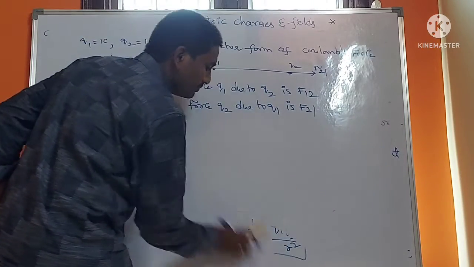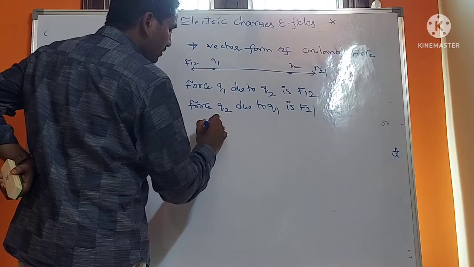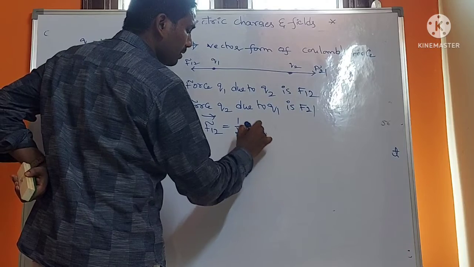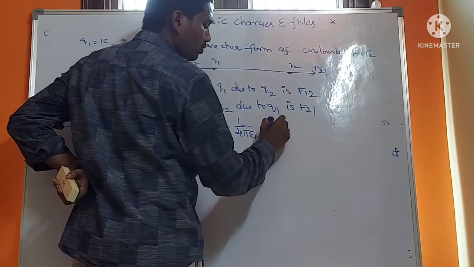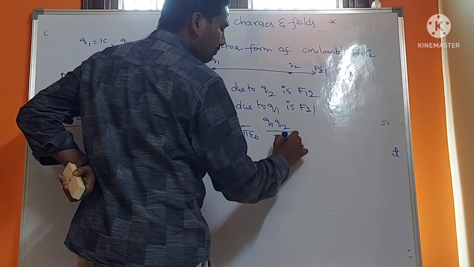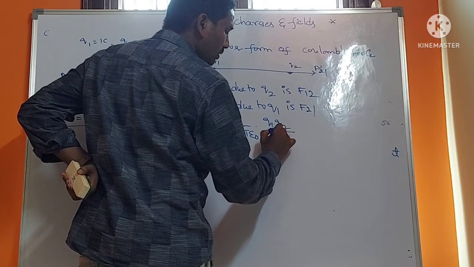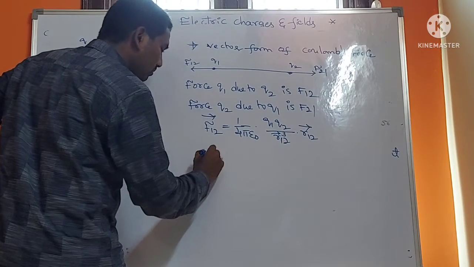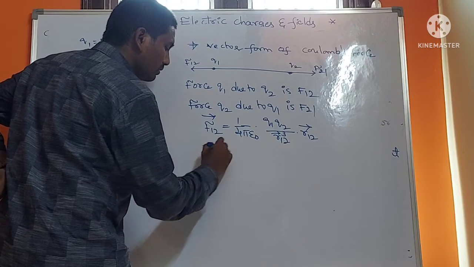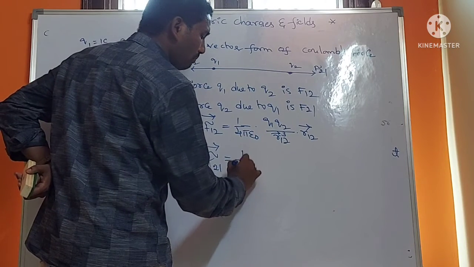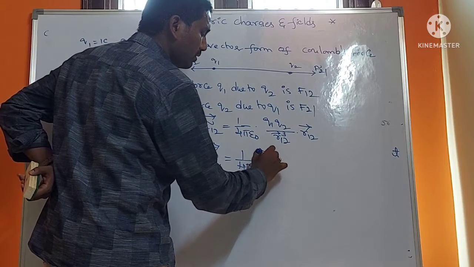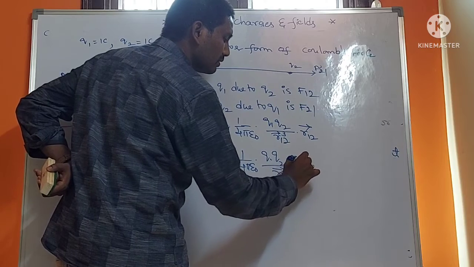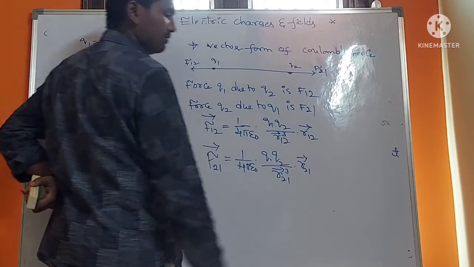At that time, the force F12 in vector form is equal to 1 by 4 pi epsilon naught Q1 Q2 by the magnitude of R12 vector cubed, into the R12 vector. Similarly, F21 is equal to 1 by 4 pi epsilon naught Q1 Q2 by the magnitude of R21 vector cubed, into the R21 vector.